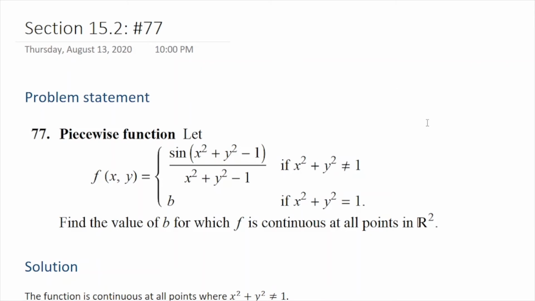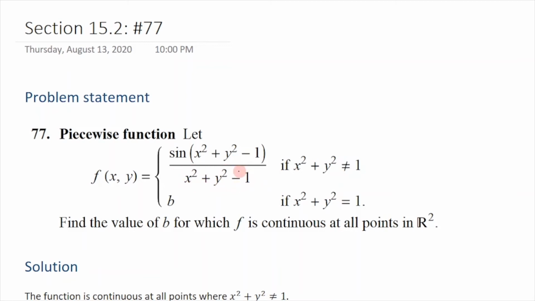Next is question 77 in 15.2. In this question, you're given this function that's defined in this piecewise manner. It has this kind of expression when x squared plus y squared is not equal to 1, which, by the way, is when the denominator is non-zero.